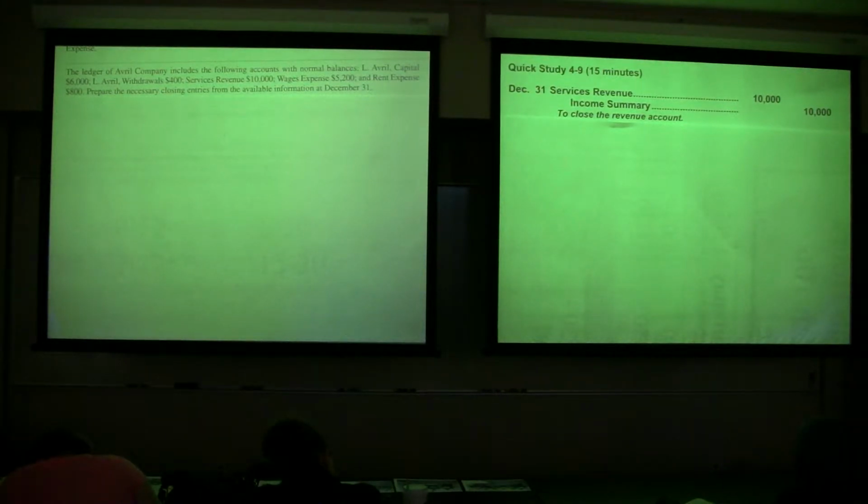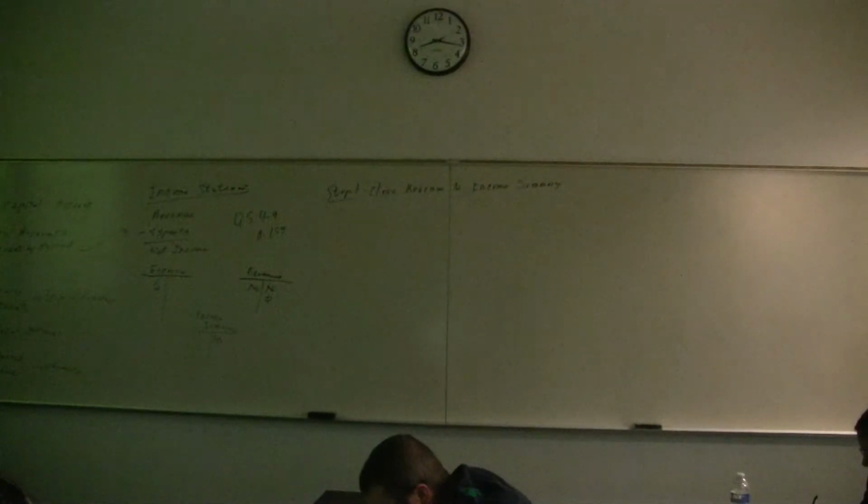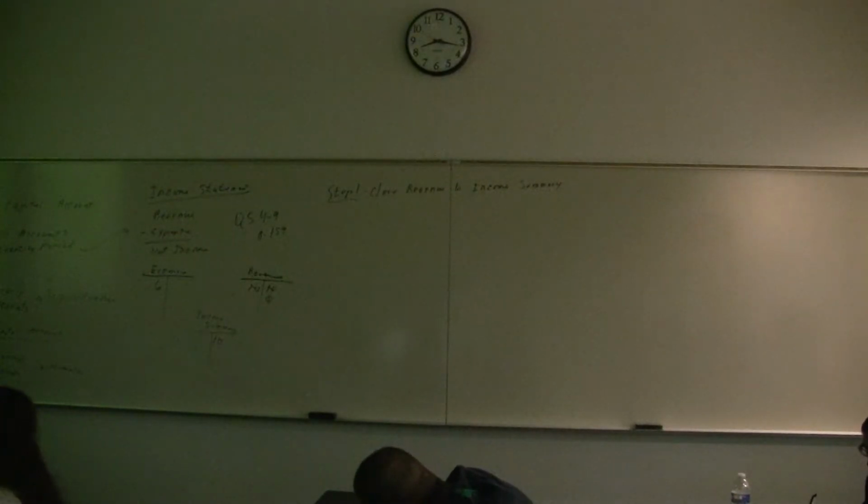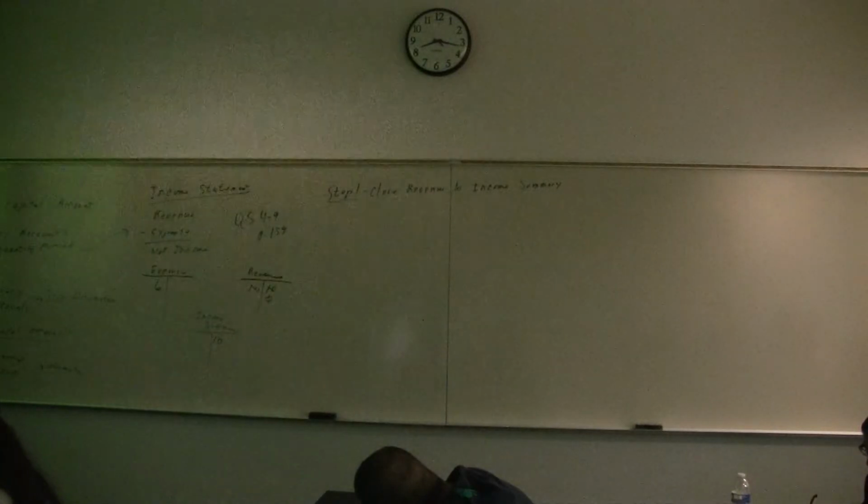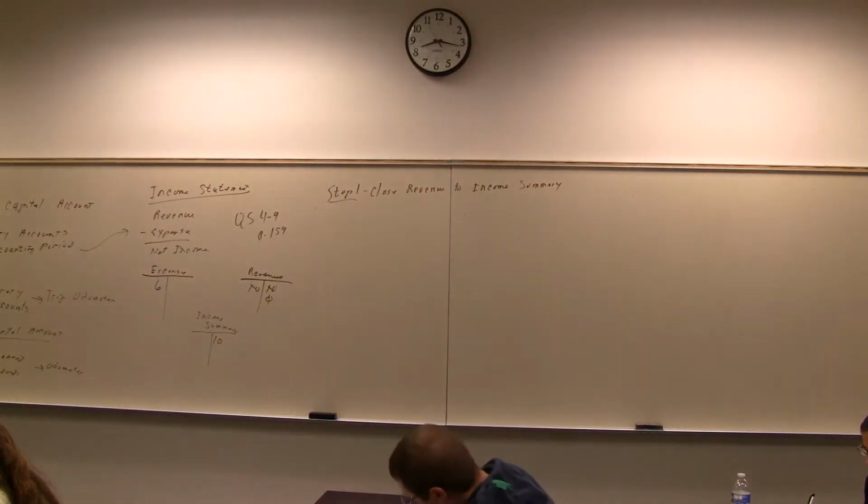Now, let's kind of go back here to the board. And let's go take to the next step. So here what we have is now, so step one is you close the revenue to income summary.